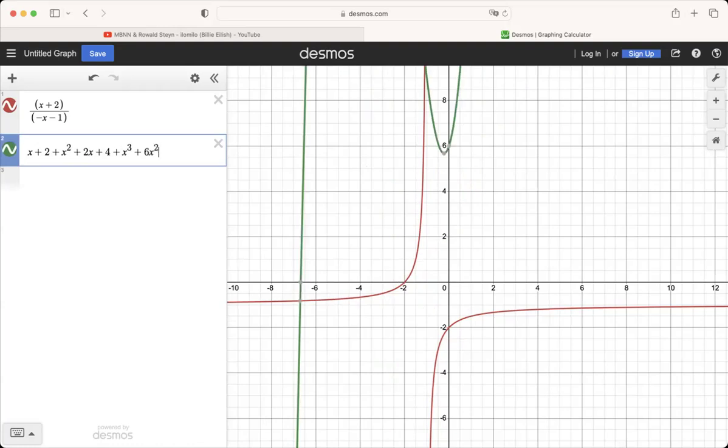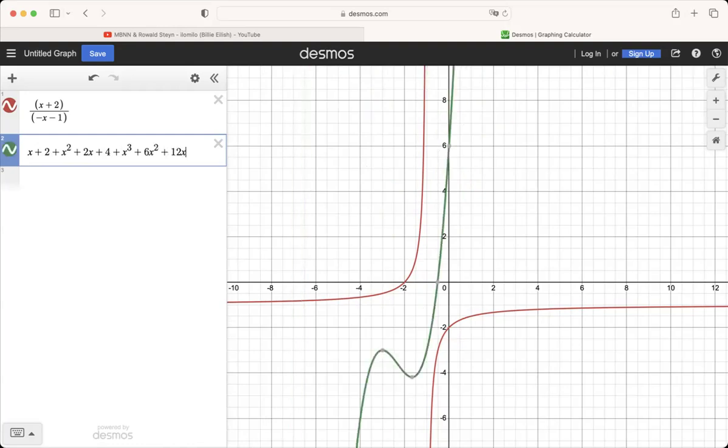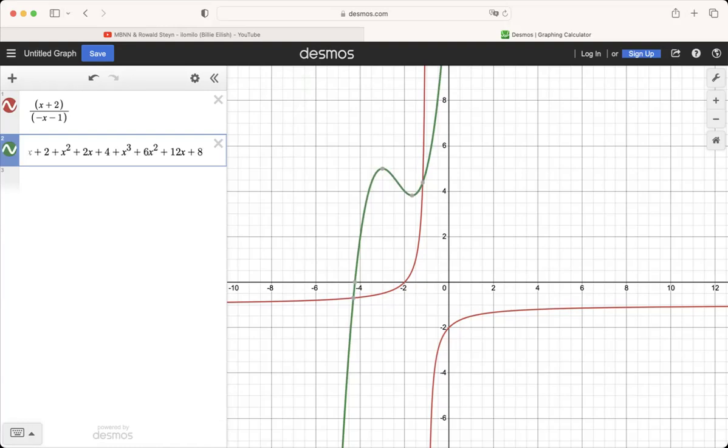So as you can see, I keep adding these terms, plus 12x plus 8, plus, you can add more terms if you want to. You must get x to the 4th because you're eventually raising these to power 4, plus the rest of the terms, right?